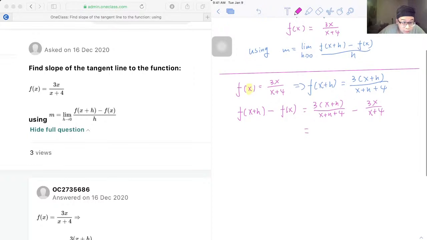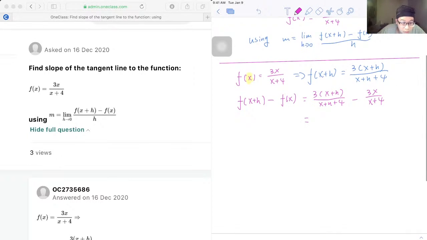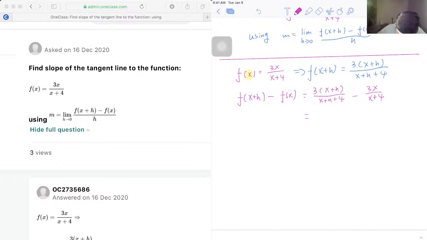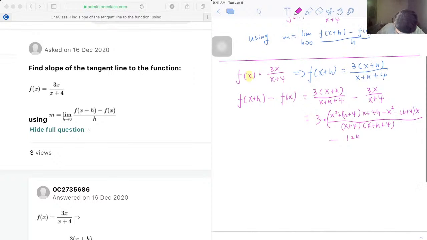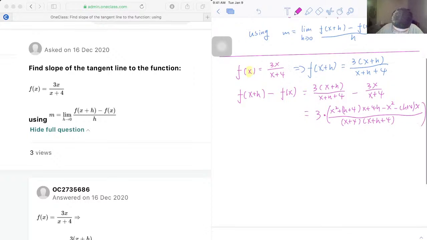That will be equal to 3 times x squared plus h plus 4x plus 4h minus x squared minus h plus 4x over (x plus 4) times (x plus h plus 4), which is 12h.